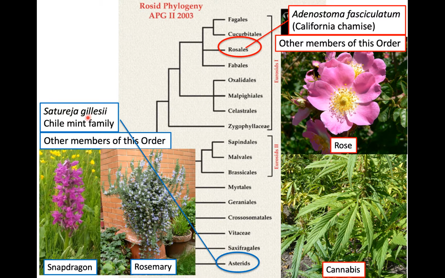And the Saturea from Chile that we've been talking about, that looks just like the Adenostoma, is in a completely different group, the Asterids, which also includes things like rosemary and snapdragon.